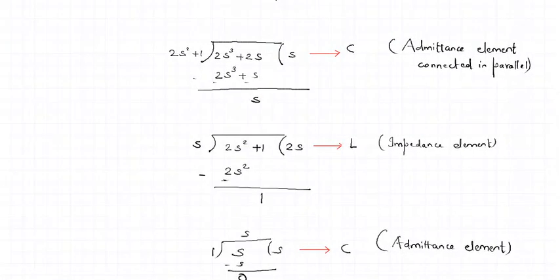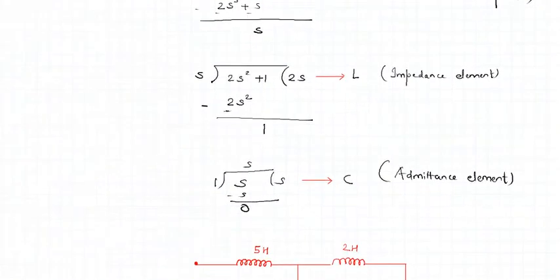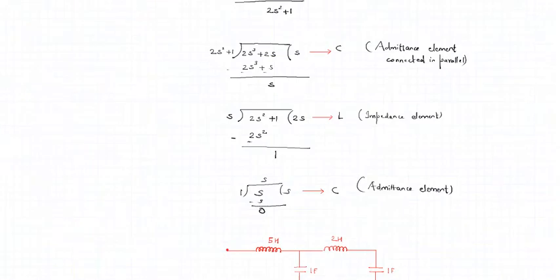The next step of division is performed using these two elements: 2s square plus 1 is divided by s, and the quotient which is obtained is 2s. As the remainder is still not 0, there is one more step of division. We are dividing s by 1, and here we obtain the remainder as 0. Once we obtain the remainder as 0, we stop the division process.